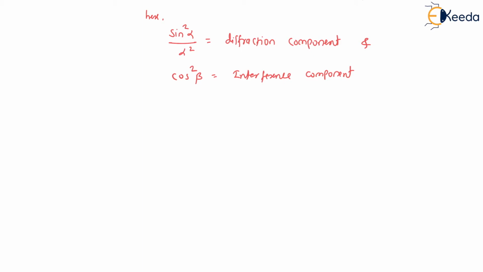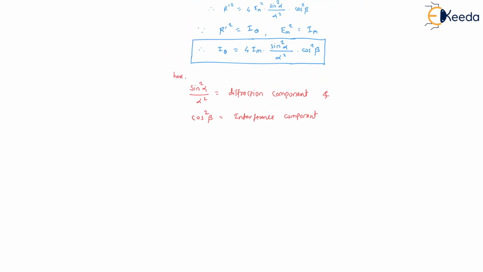Here first of all we will draw one diagram over here. Before that, let us find out the condition for minima and maxima. So here I'll write, first of all, see this particular part, sine square alpha upon alpha square. Or here we can include this Im with this diffraction component also.